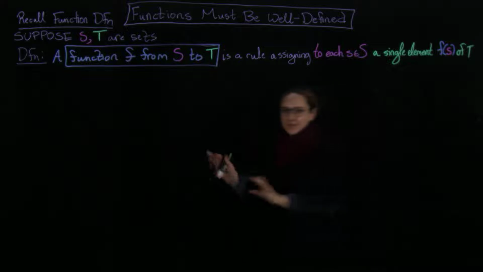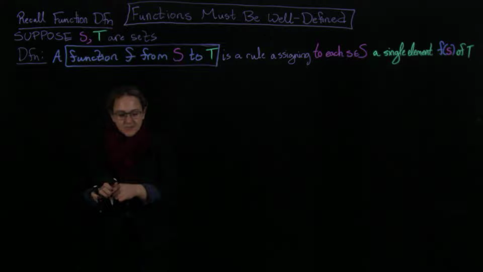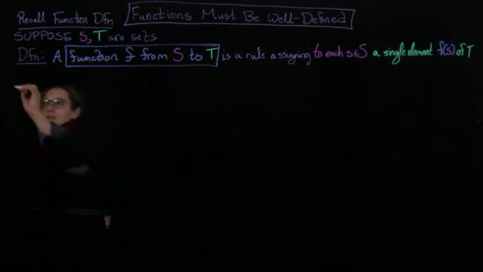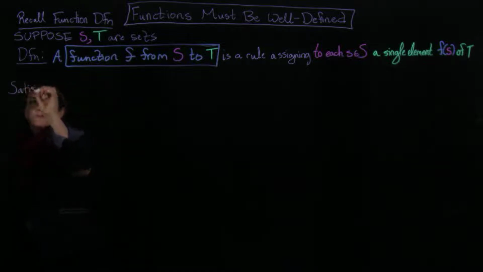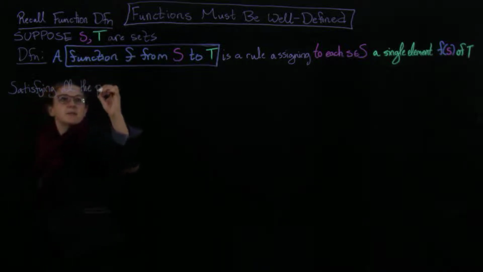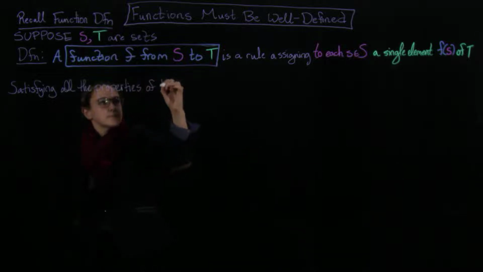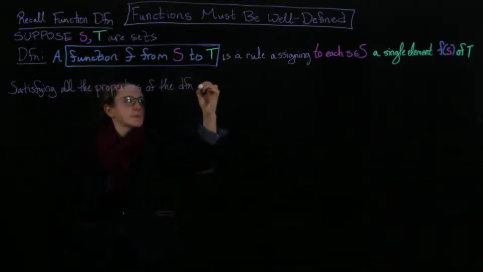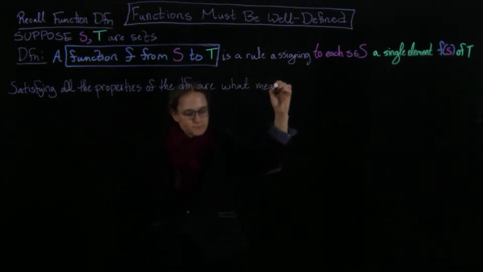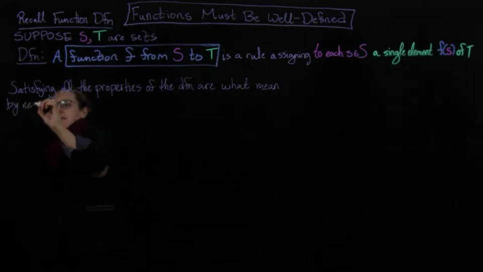So this was the definition, so now we have to break it down a bit. Satisfying all the properties of the definition is what we mean by needing a function to be well defined.